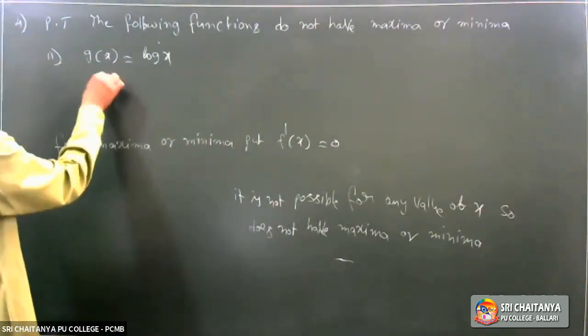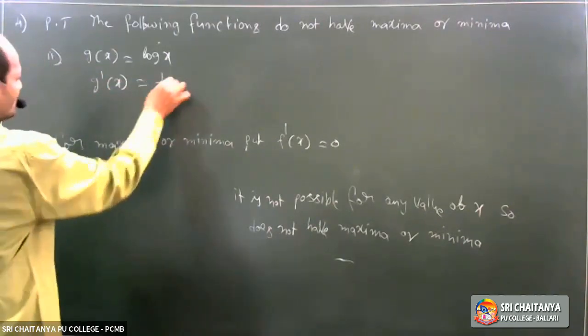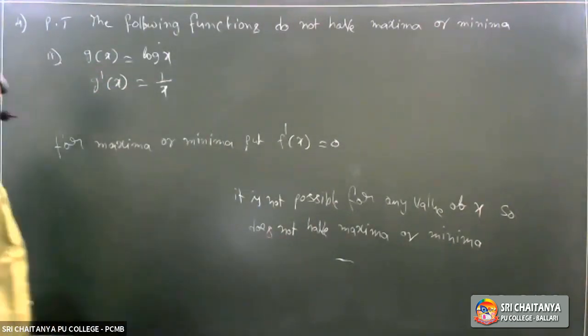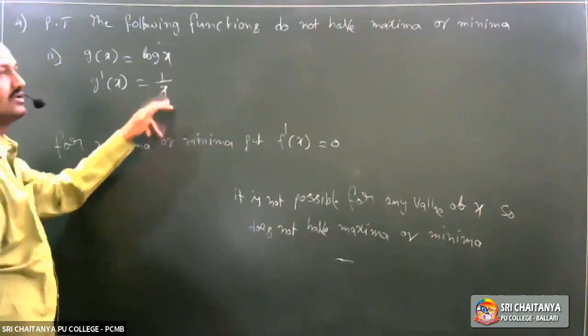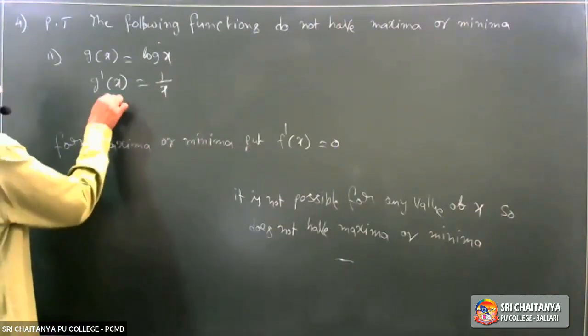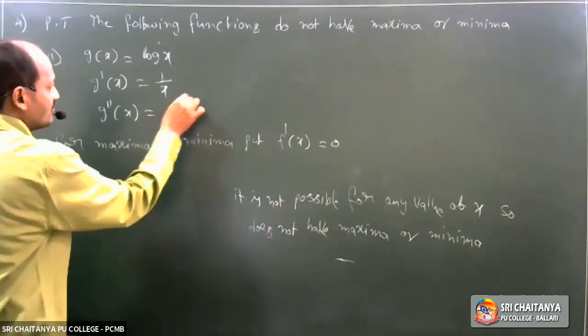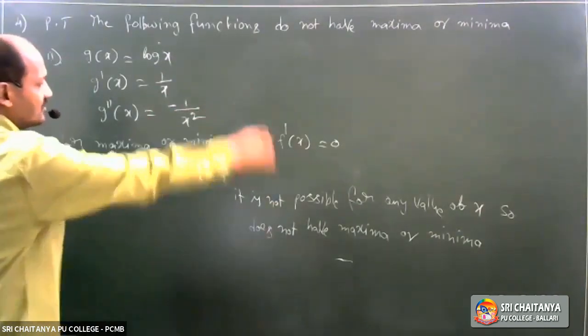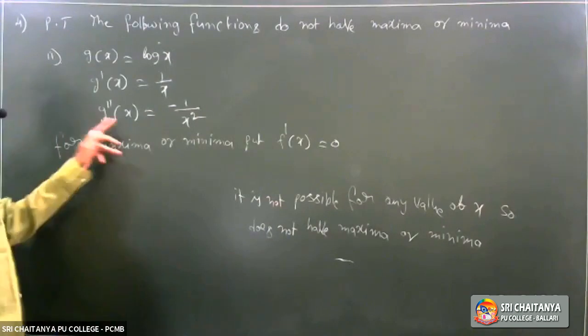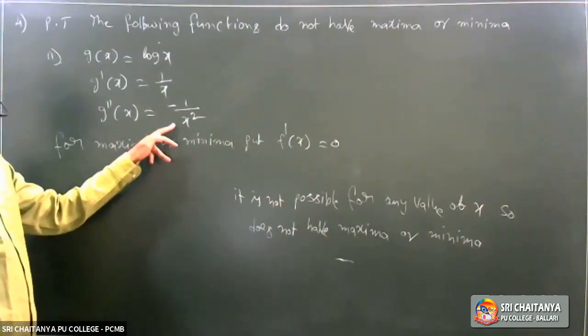What about its first derivative? Derivative of log x is 1 by x. What about its second order derivative? Derivative of 1 by x is minus 1 by x square. So g double dash of x is equal to minus 1 by x square.